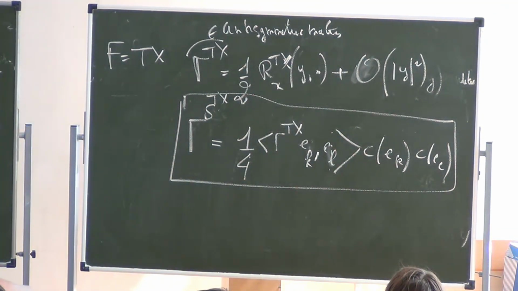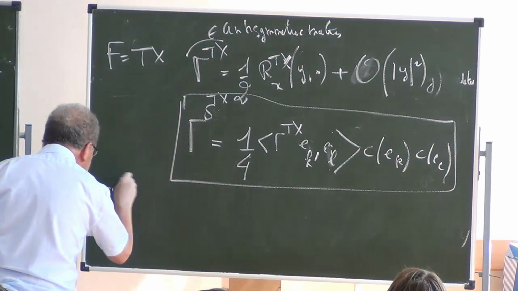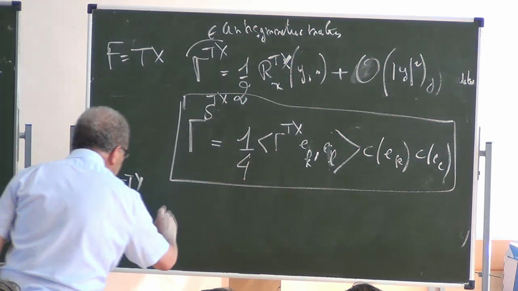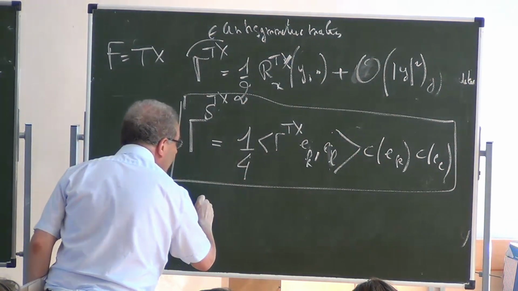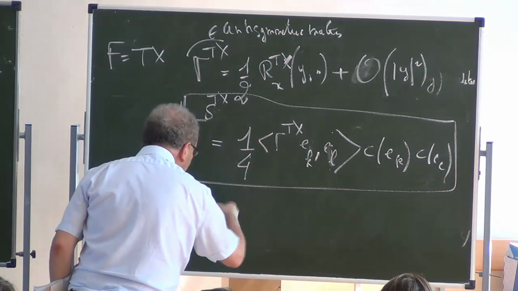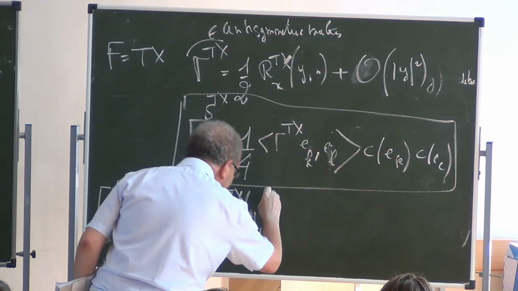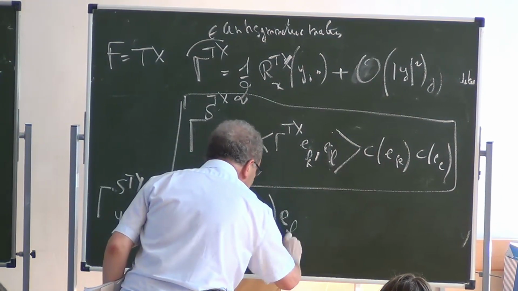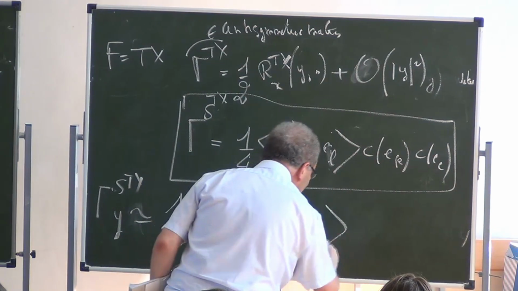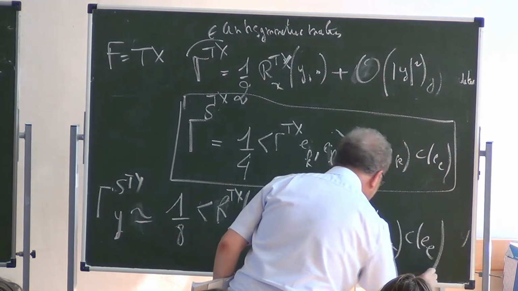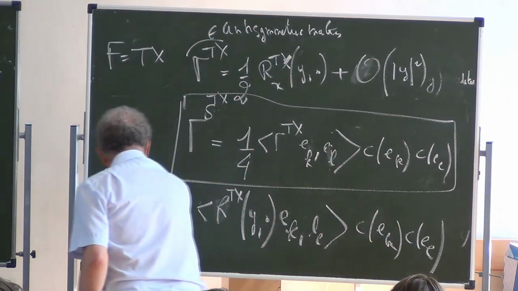And so basically using this, you find that gamma STX at y is equivalent to 1/2 of gamma of RTX of y and something EK-EL C of EK C of EL.